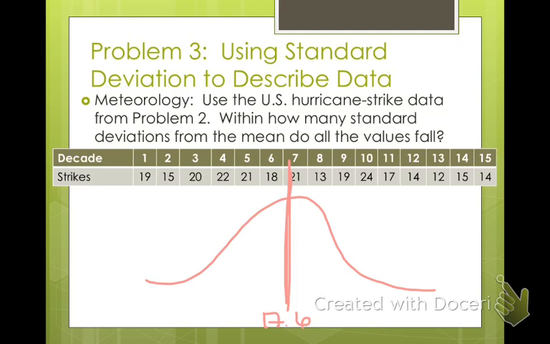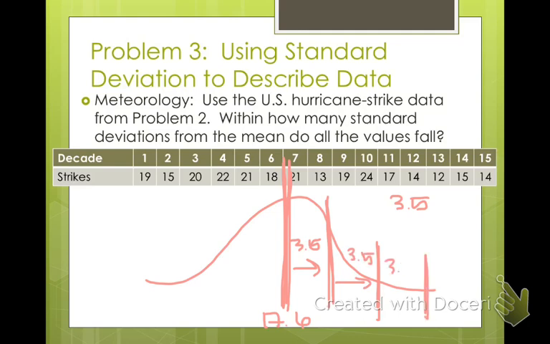Okay, yes, our mean was 17.6, and then our deviations were 3.5. So that means to go from one line on the graph to the next line on the graph, you're going to go a difference of 3.5. So to go in the positive direction, I'm going to add 3.5 to get to every deviation. But then to go backwards, I'm going to subtract 3.5.